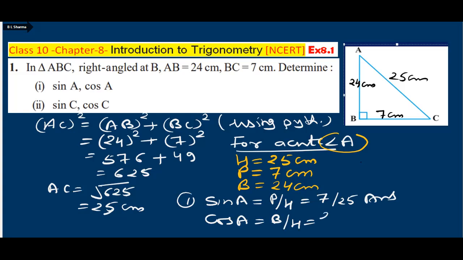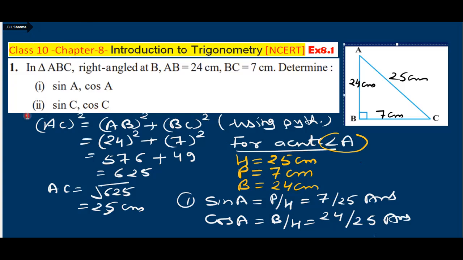So base here is 24 and hypotenuse is 25. And this is the answer of the very first part. Sine A is equal to 7 upon 25 and cos A is 24 upon 25. Centimeter, centimeter cancelled.